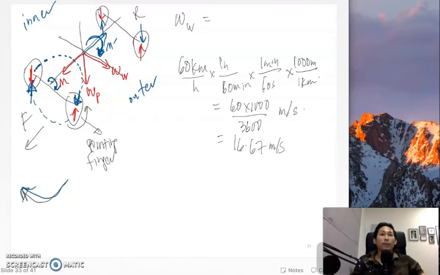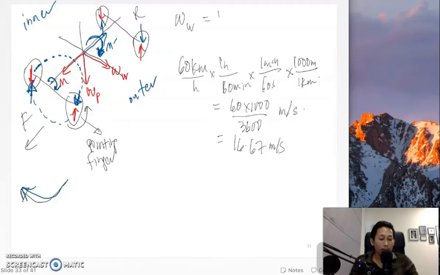Okay, now we have our velocity, and then we can calculate our angular velocity, depending on our radius.